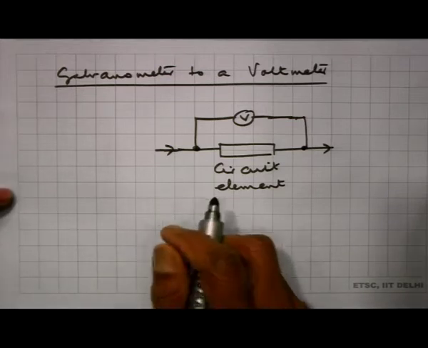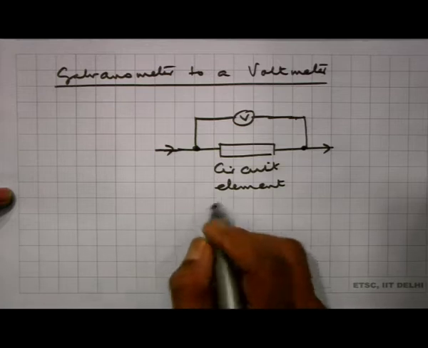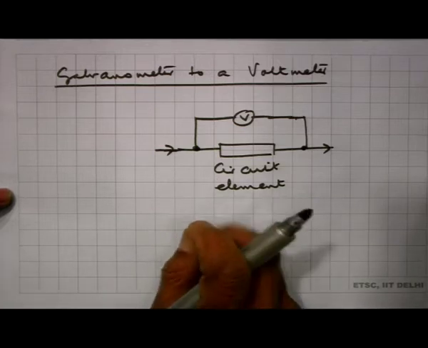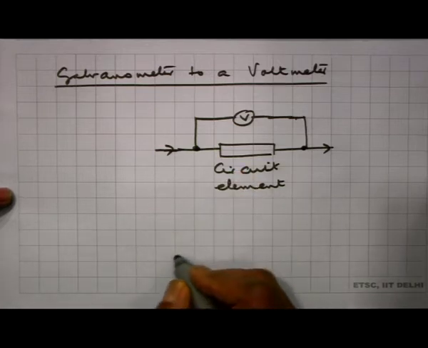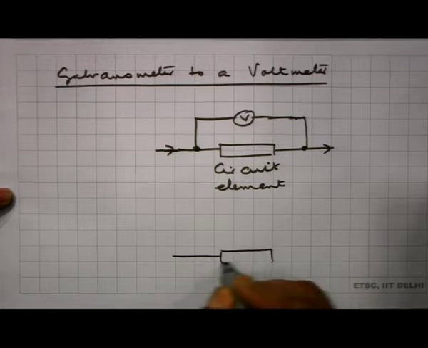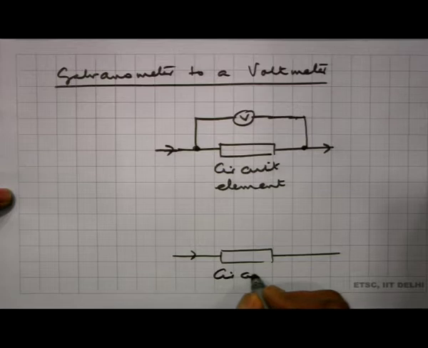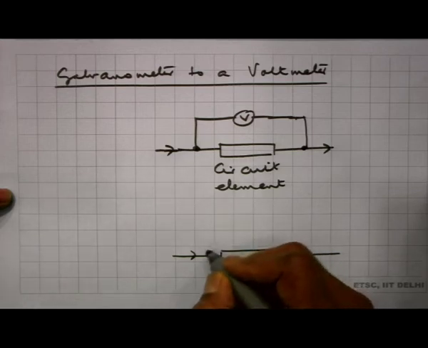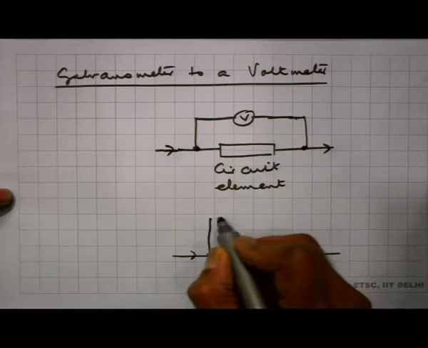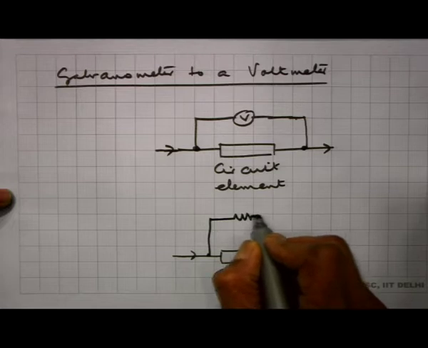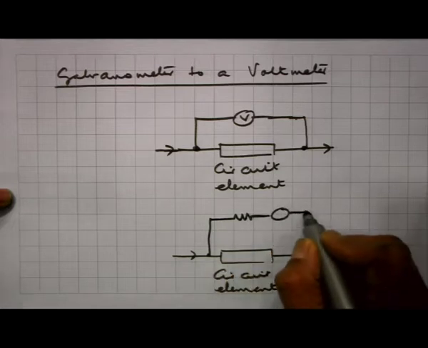So, to increase the resistance, what I need to do is to connect another resistance in series with the galvanometer. So, let me draw the figure again here. So, that is my circuit element, and I connect a resistance and the galvanometer here.